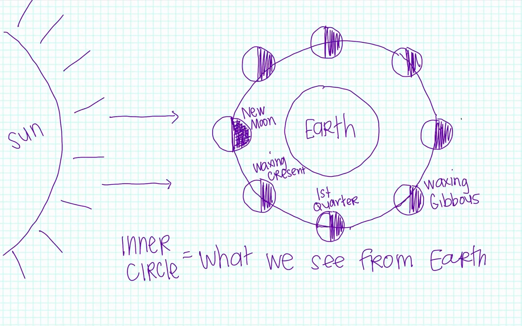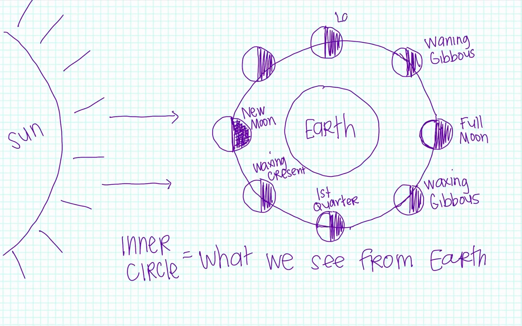Then we have our full moon, where we can see the entire lit up part of the moon. And then we start to get smaller. So we have our waning gibbous, where we see that semicircle again, getting smaller.